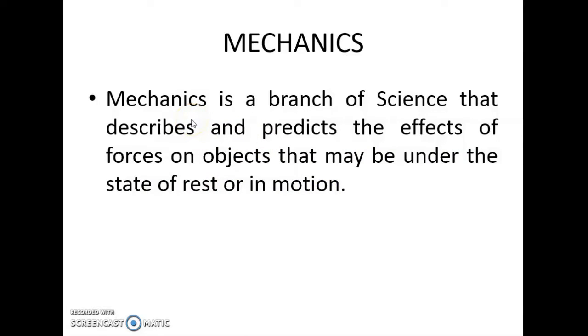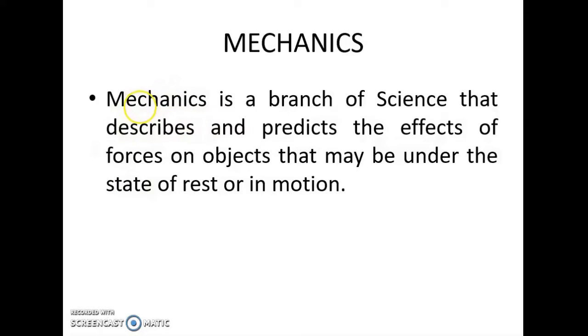So in mechanics, what we will be doing is studying the effect of a single force or multiple forces on objects or bodies, and that object may be either in the state of rest or in motion.